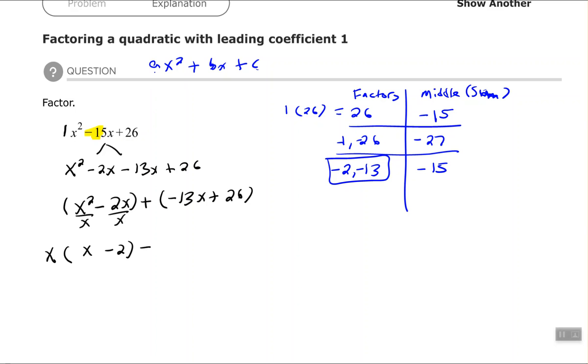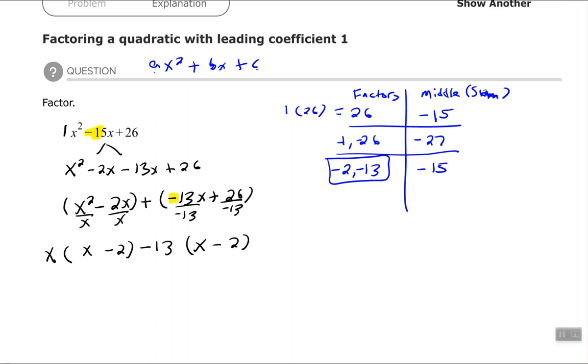Since I have a negative on this third term, more than likely I need to factor out a negative number to make my signs match up. So for 13 and 26, I'm going to factor out a negative 13. So that makes positive x, and then positive divided by negative makes negative, so minus 2.